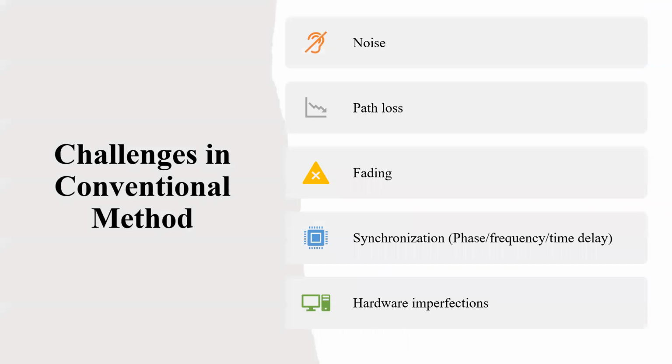These are complex in nature, and at a large scale they are costly. So instead, the machine learning we are using learns the pattern of these impairments, such that it is able to detect the correct output even when these impairments exist.